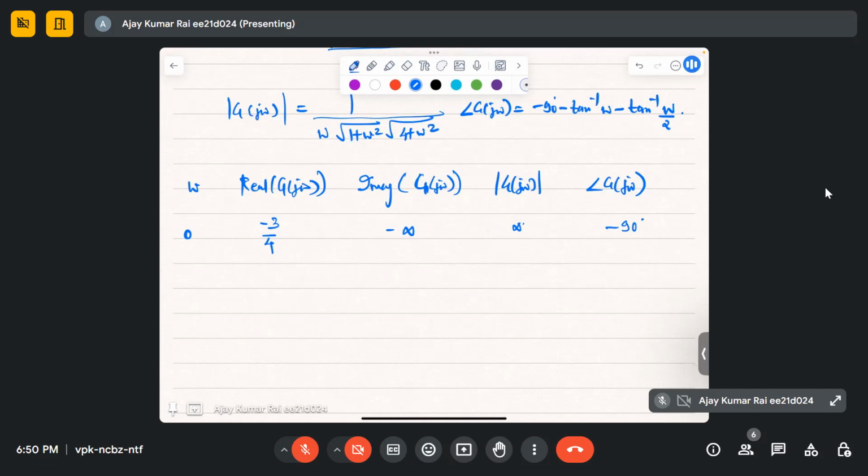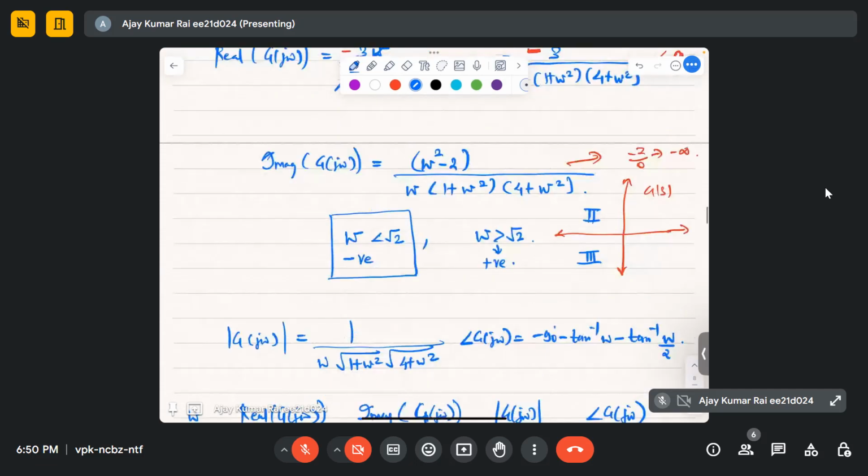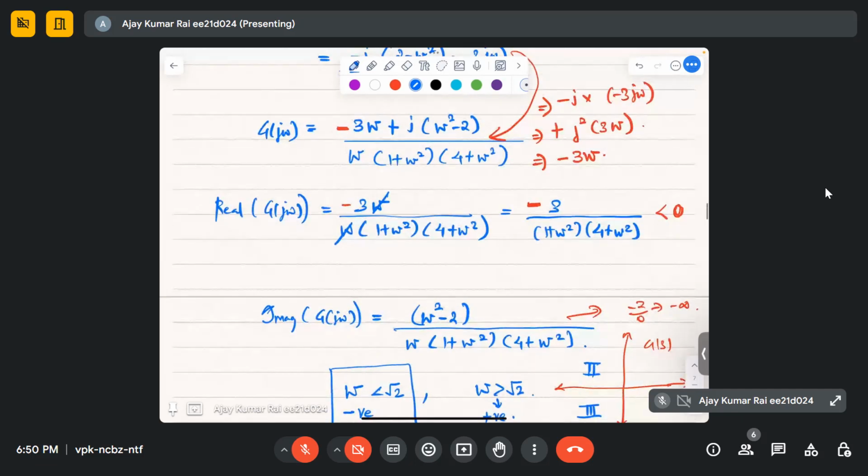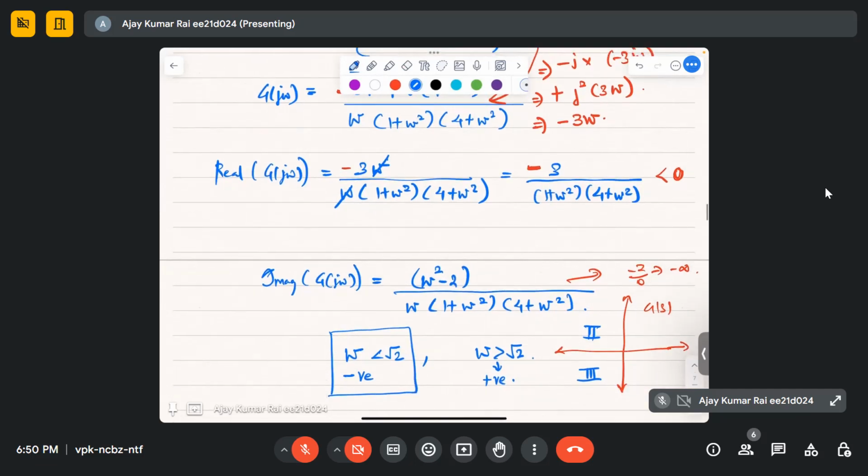Let's find at omega equal to infinity. What is the real part? If you put omega equal to infinity, what you will get? 0, right?